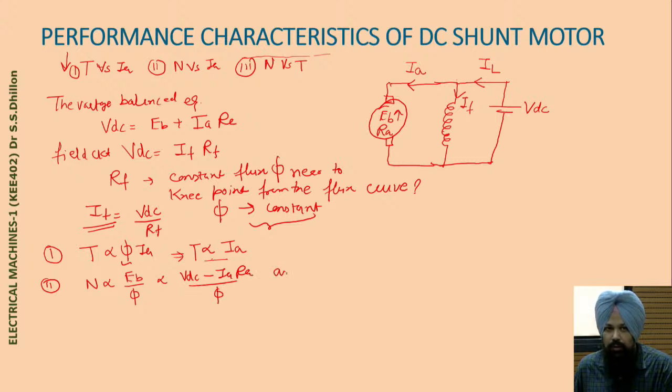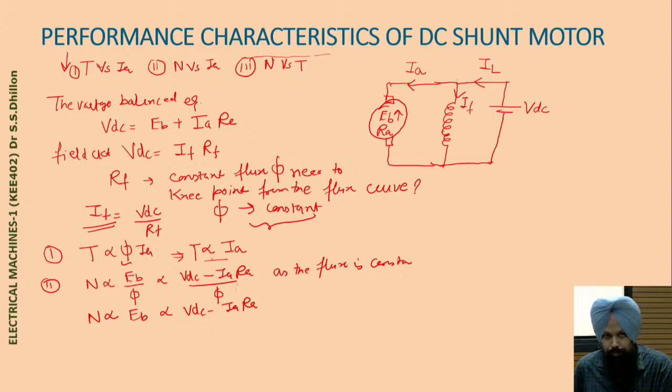As the flux in this motor is constant, what will happen? The speed relation for the shunt motor is modified: speed is directly proportional to Eb, or directly proportional to VDC minus Ia into Ra.